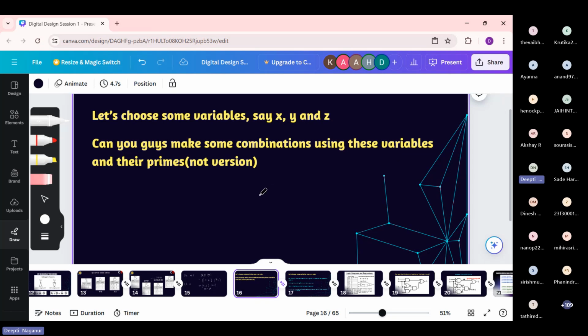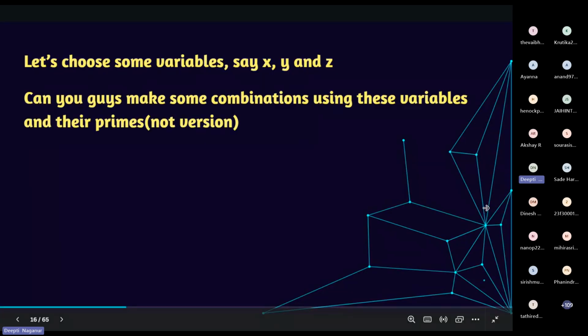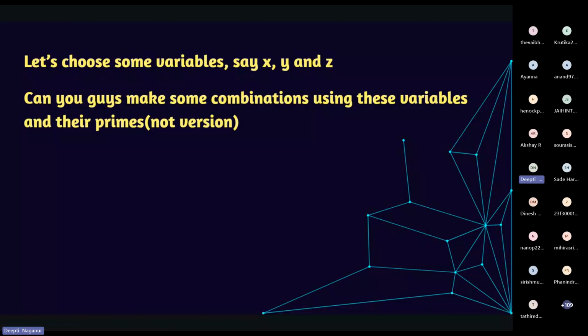Now, as I said earlier, we will be using these operations and constructing our own equations. So let's choose some variables, say x, y, and z. Can you make some combinations using these variables and their primes? I'll give you 3 variables, but 6 options: x, y, z, x prime, y prime, z prime. You can multiply, add, do whatever you want.